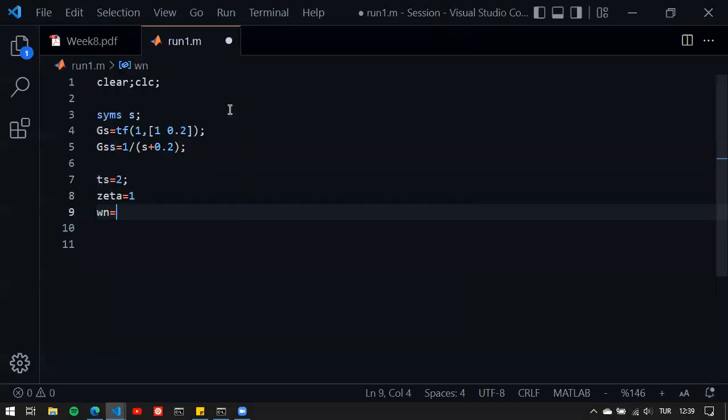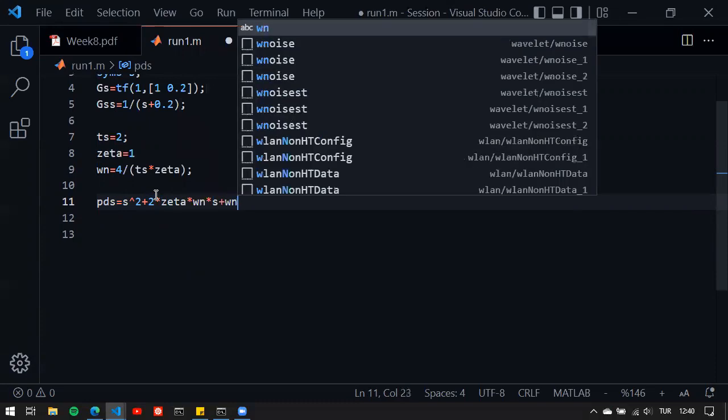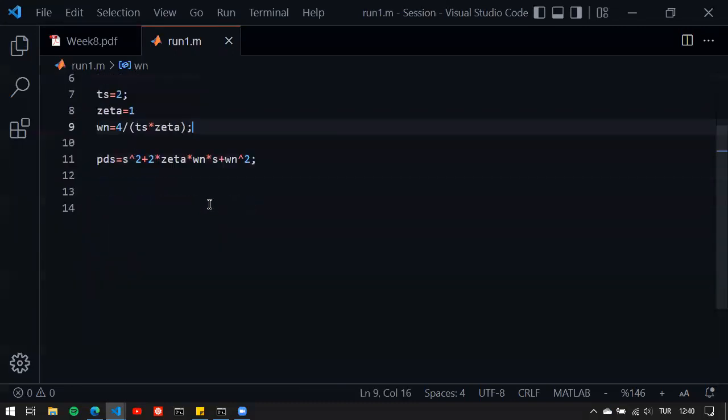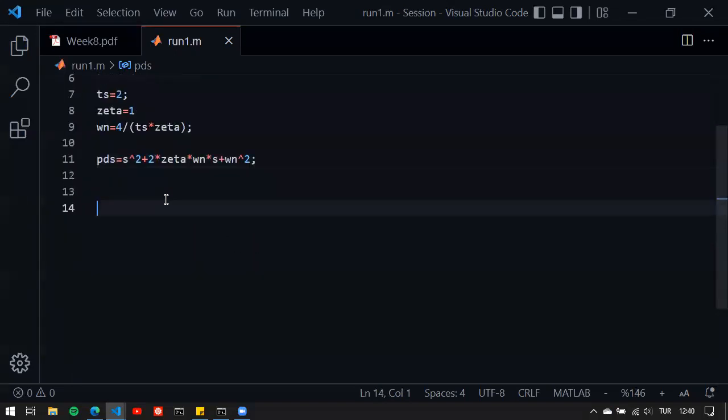Therefore, we can directly calculate what omega n is from Ts and zeta. Now we can form our desired closed loop polynomial, s squared plus 2 times zeta times omega n times s plus omega n squared. We have a first order system, and using a PID should give us a second order system. So it should not be a big deal here.